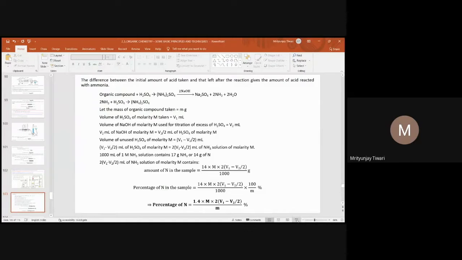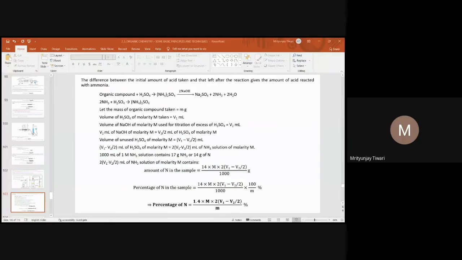in the case of H2SO4, as I said, the valency factor is 2, and in the case of NaOH, the valency factor is 1. It means 1 molar NaOH is 1 normal NaOH, and 1 molar H2SO4 is 2 normal H2SO4. And 2 normal H2SO4 means 2 equivalents of H2SO4.